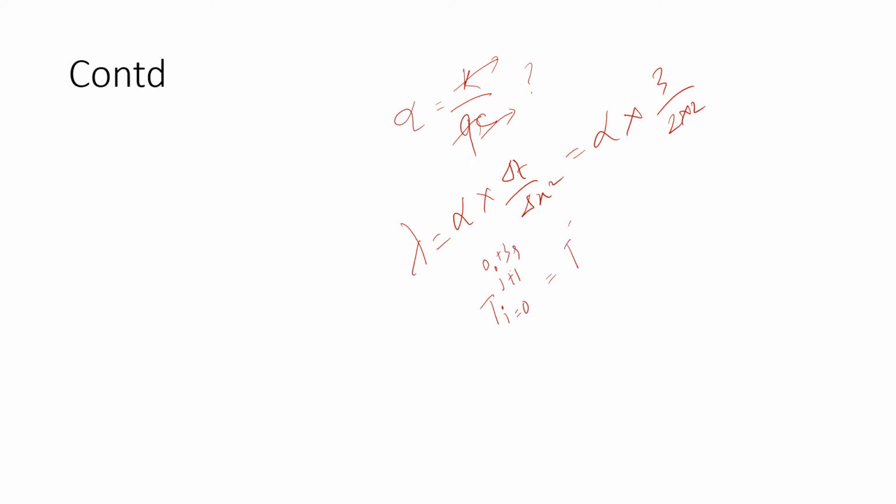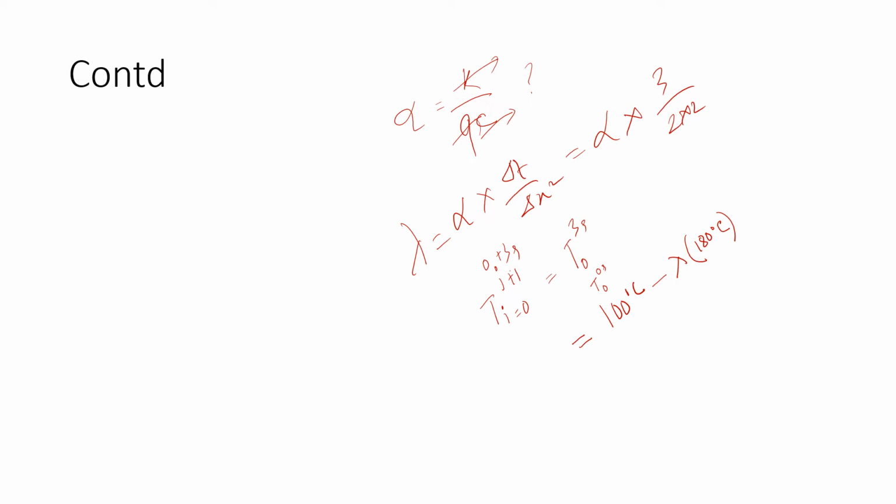So this becomes temperature at node 0 at 3 seconds, or after 3 seconds, will be equal to 100 degrees centigrade, which is basically the temperature at node 0 at the 0th second, the initial time, minus lambda into 180 degrees centigrade.